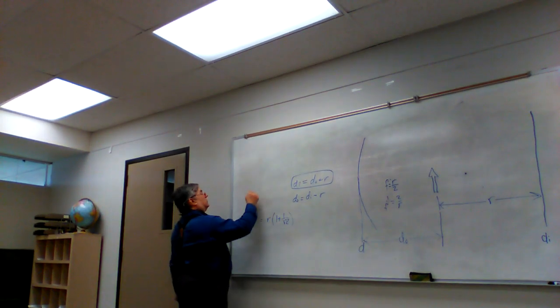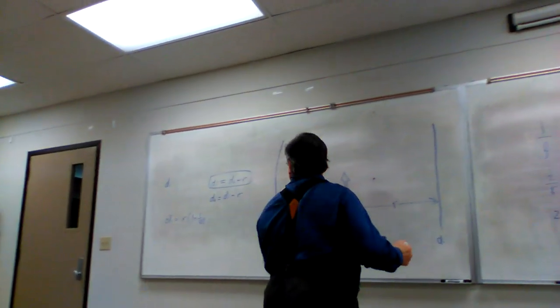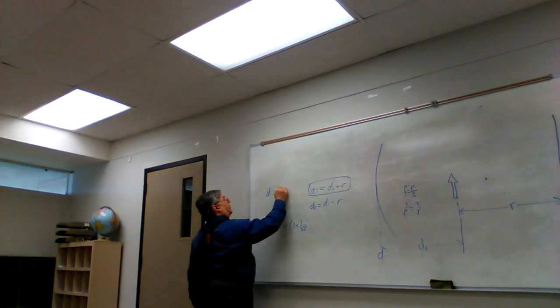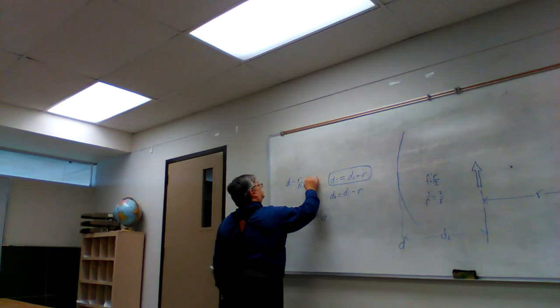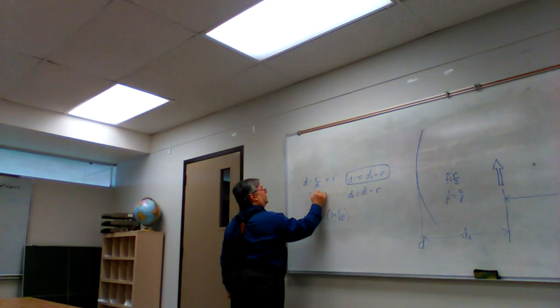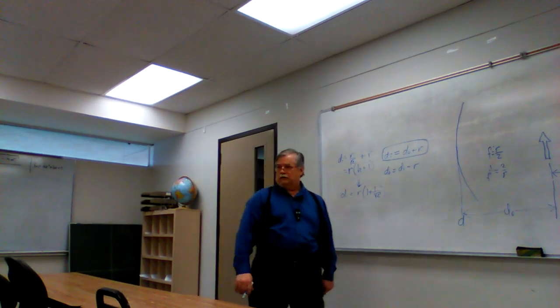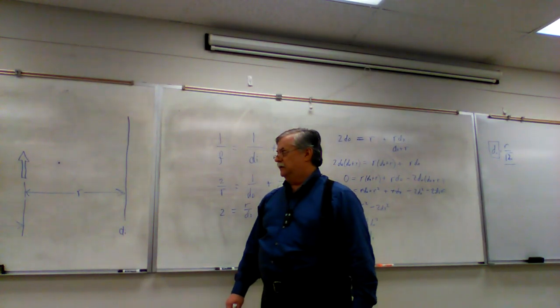Well, in other words, d sub I is equal to d sub O, which is equal to r divided by the square root of 2, plus r, which is equal to r times 1 over the square root of 2 plus 1, which is exactly what you would have gotten if you'd gone through the long way around and used the quadratic formula to solve for d sub I correctly.